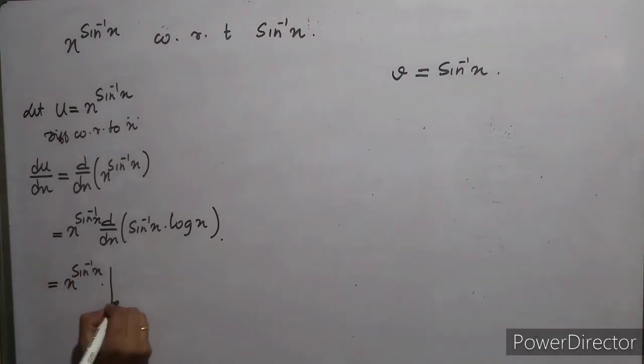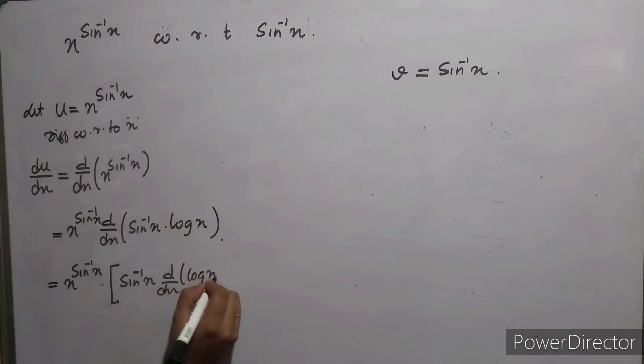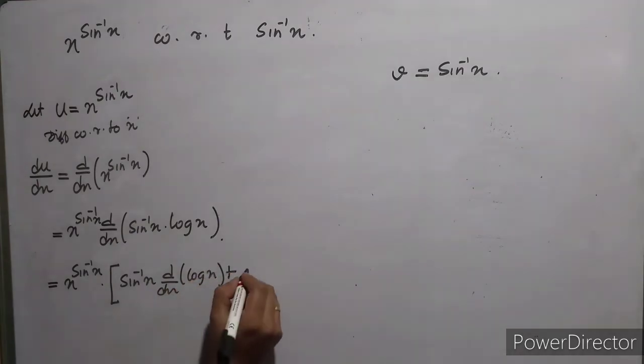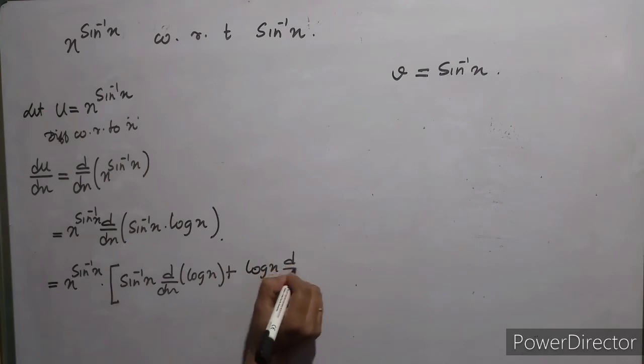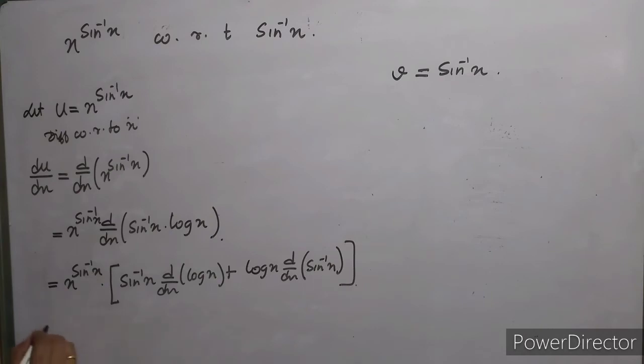Using the product formula, u d by dx of v plus v d by dx of u. The derivative of log x is 1 over x, plus log x times the derivative of sin inverse x, which is 1 by under root 1 minus x square.